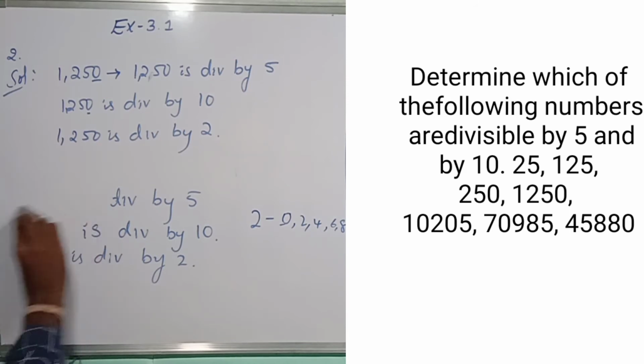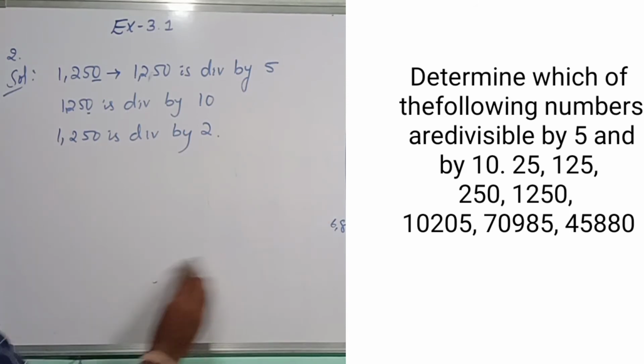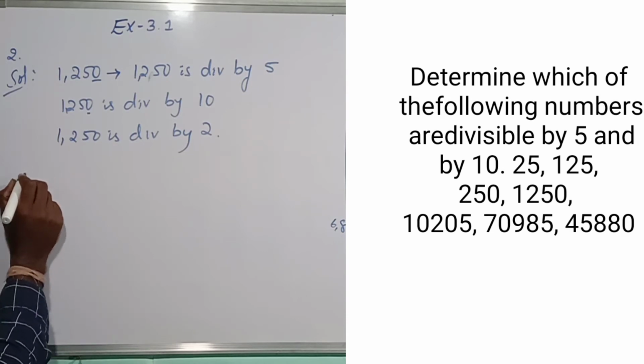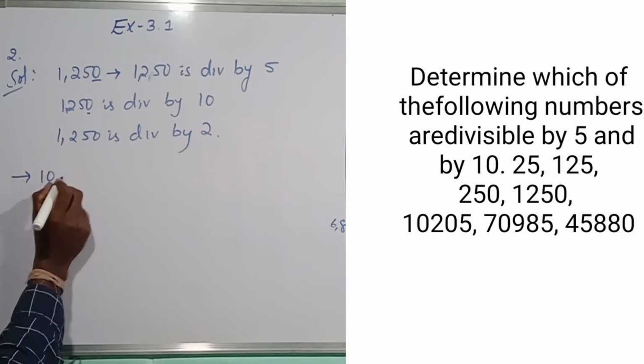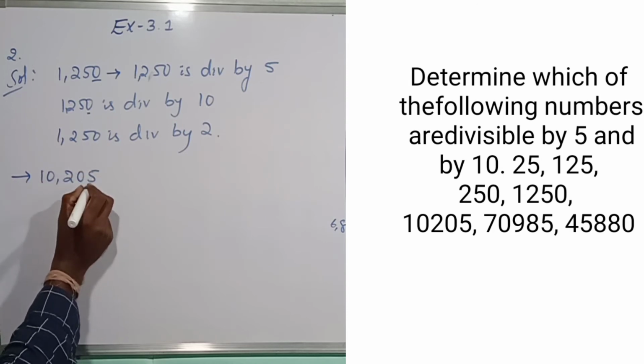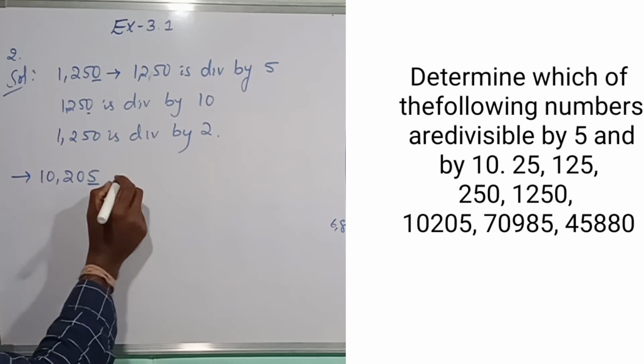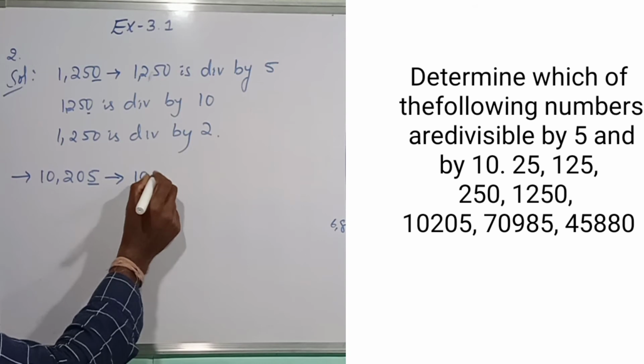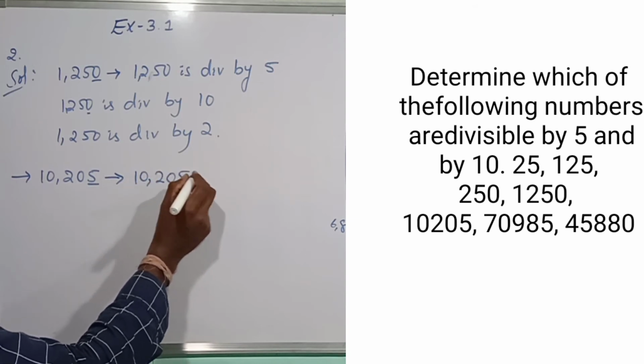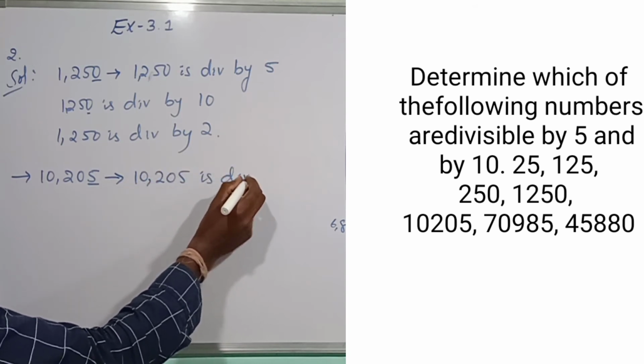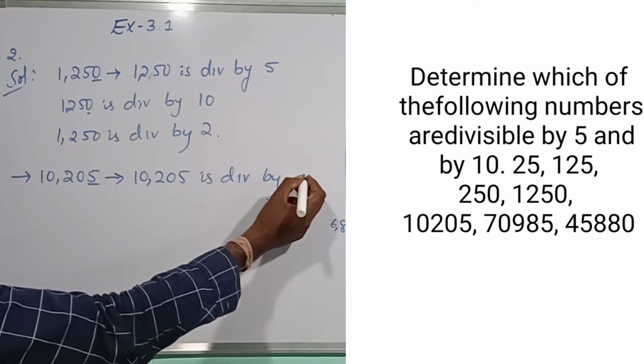Like this you have to do all the problems. Now what is the next number given? 10,205. The last digit is 5, so the number is divisible by 5. Yes. So 10,205 is divisible by 5.